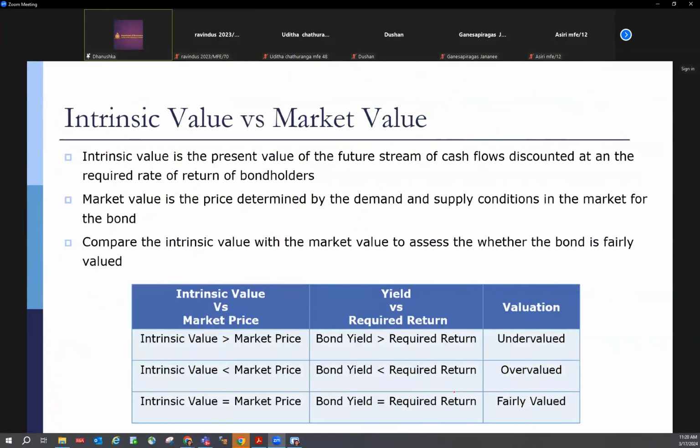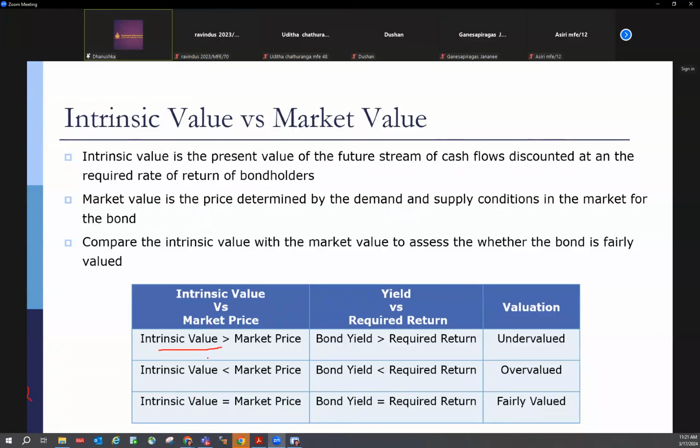So always remember, market price talks about demand and supply. Intrinsic value is my fundamental value of the bond. It calculates the maximum price I'm willing to pay for the risk that I'm taking. So if my intrinsic value is greater than my market price, then the bond is undervalued.